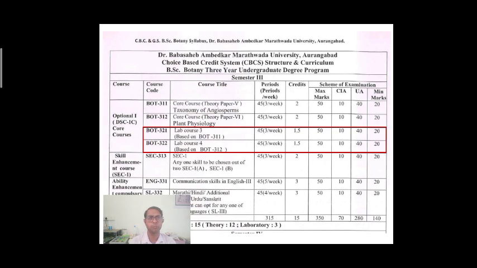From now onwards I am going to deal with the paper plant physiology, and along with that we are going to conduct the practicals for plant physiology also. Plant physiology is the paper which includes 3 units.